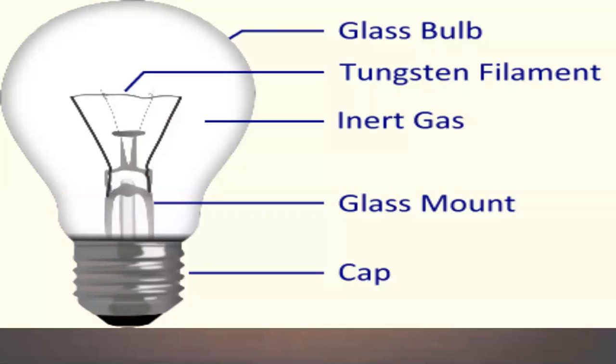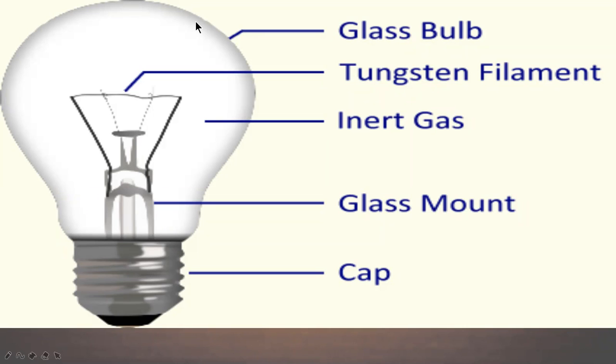And this is the structure of a bulb. You know the bulbs are commonly used. We are not talking about the LEDs or the other things. When electric current flows through a high resistance wire like the one in the tungsten filament, you can see this is a bulb.